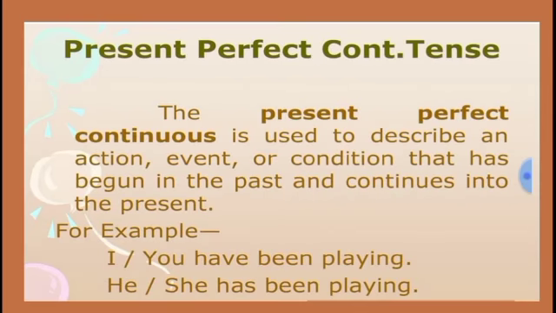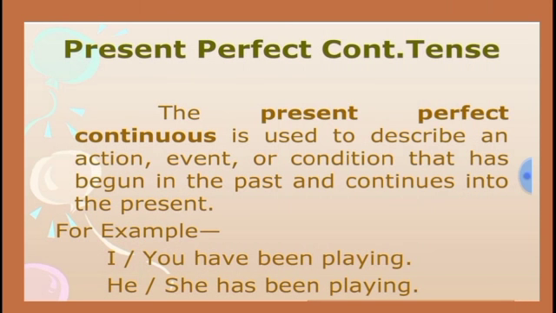Present perfect continuous tense. Now the present perfect continuous is used to describe an action, event or condition that has begun in the past and continues into the present. It has been started in the past and now also it is continuing. That means present perfect continuous tense. Okay.